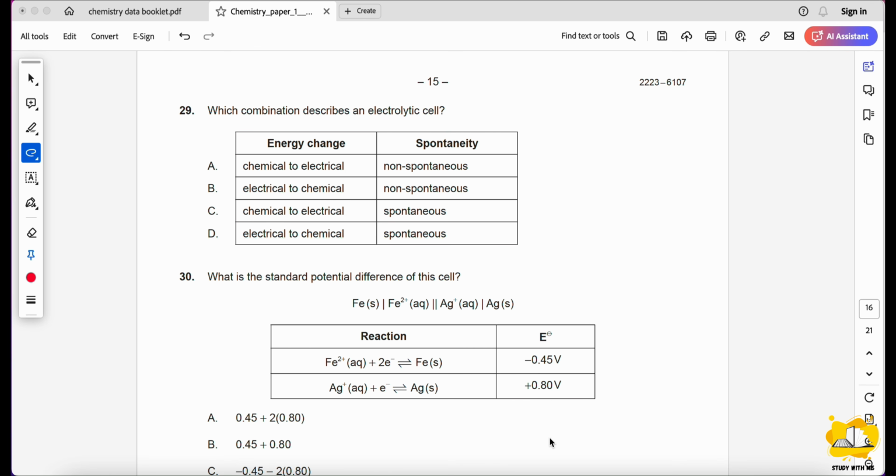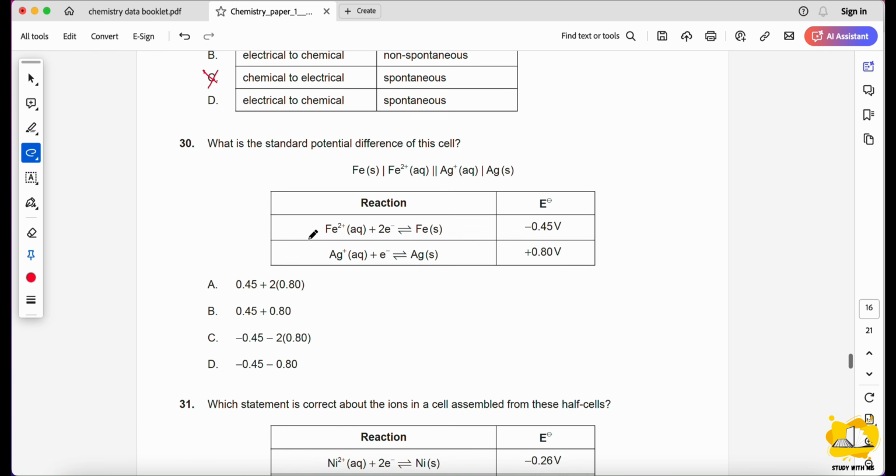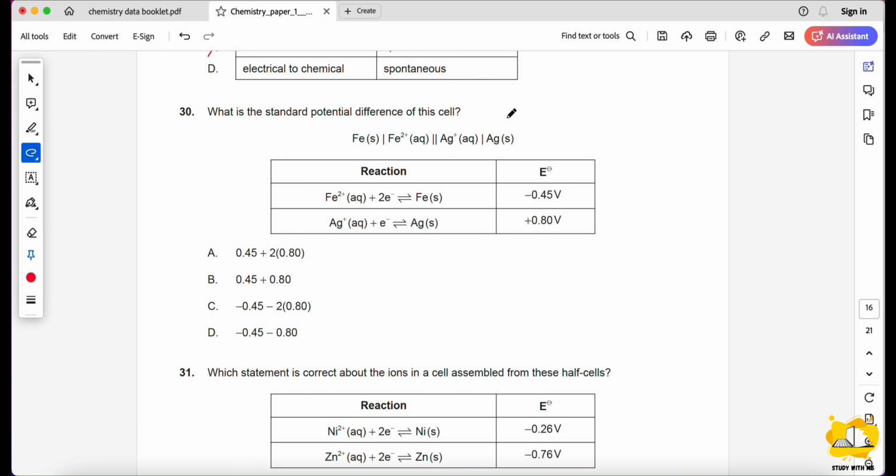Which combination describes an electrolytic cell? The energy change in electrolytic cells is electrical to chemical, because it needs energy. And it's also non-spontaneous because it requires an input of energy. So the answer will be C. What is the standard potential difference of this cell?